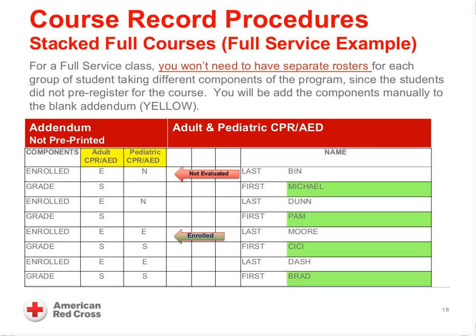Basically, in the course record, we're going to put each and every component, and then we're going to put an E for enrolled in the components that the participant wanted to be evaluated and did enroll in. And then we're going to put an N for not evaluated if the person was not enrolled in that course. Underneath, we put an S, or an NS if it's not successful, just normally how we would grade those classes.